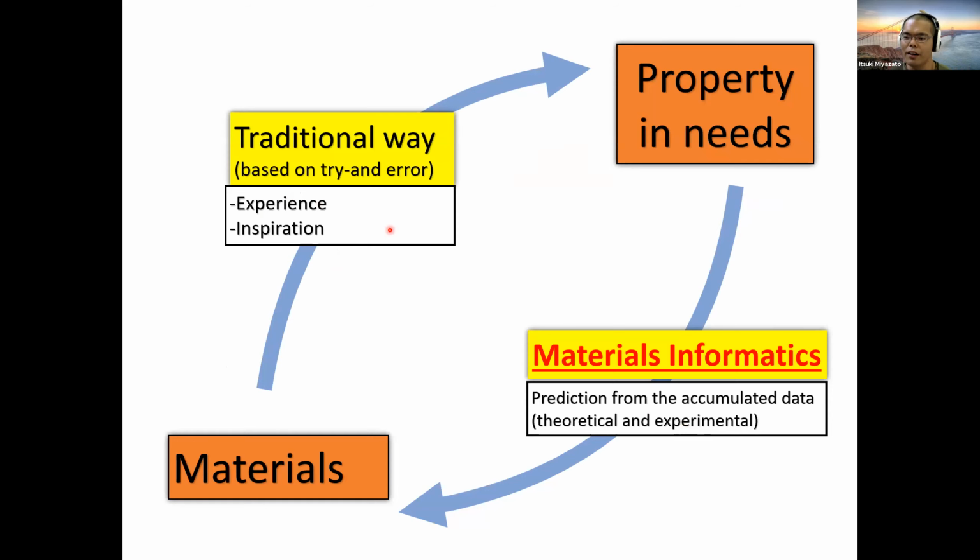However, recently material data is getting easier to collect, due to the development of analysis instruments and computers, or simply by referencing accumulated past research data. And so materials informatics has recently received attention as an effective way to design materials, predicting desirable materials from accumulated material data via data science techniques.